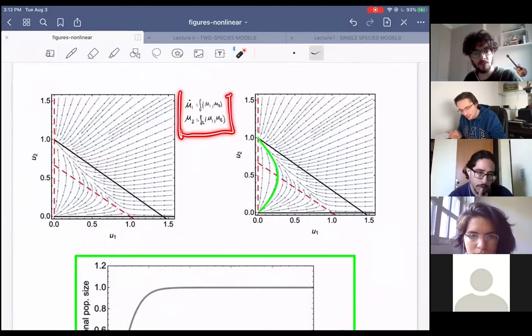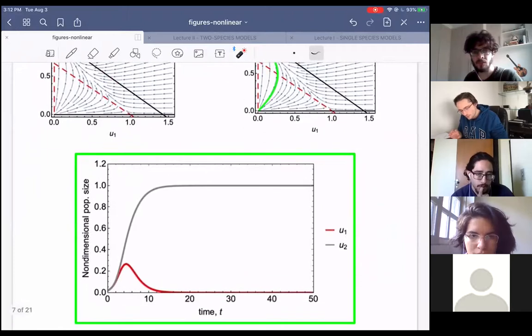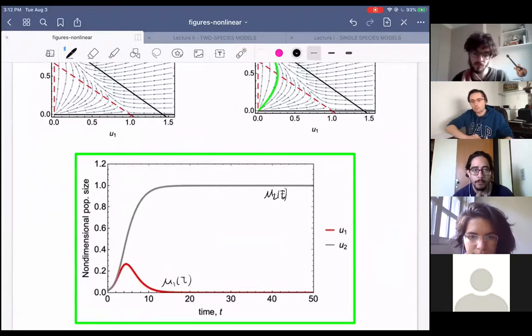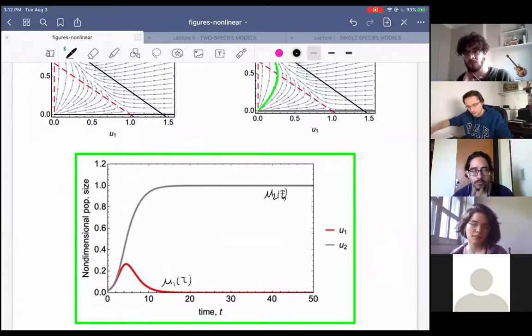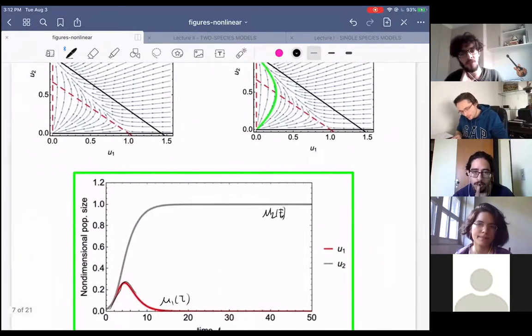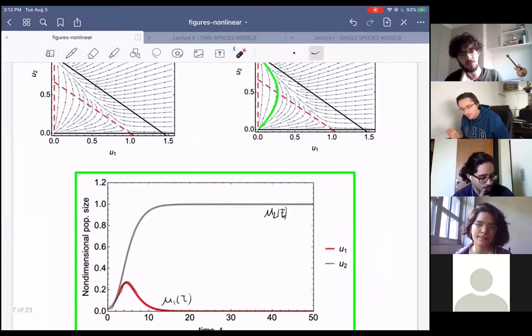If you solve this system, you will get U1 and U2 as a function of t, or tau in this case. This is how my population grows and gets extinct. As you can see, the information is pretty much the same. In the beginning, both trajectories grow.